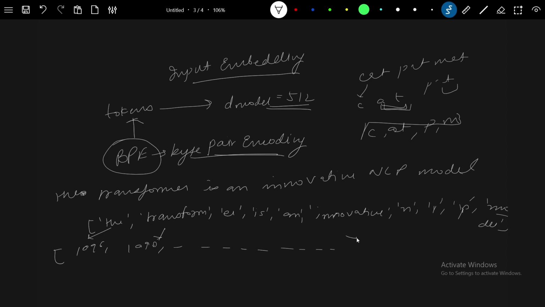So these would be represented by integers. That is how the first part, the tokenization, is done.